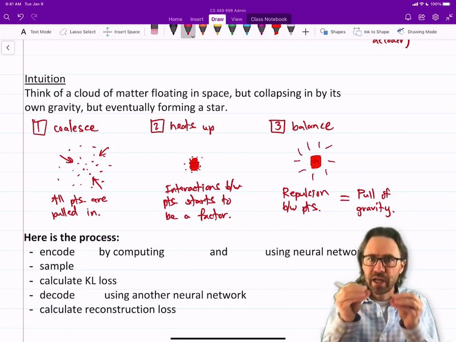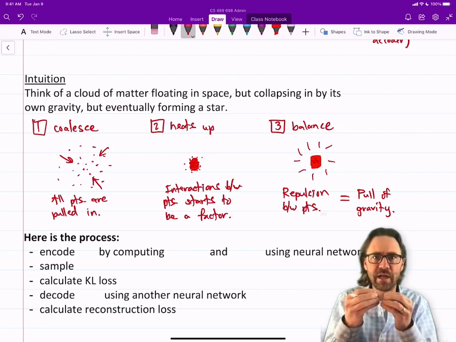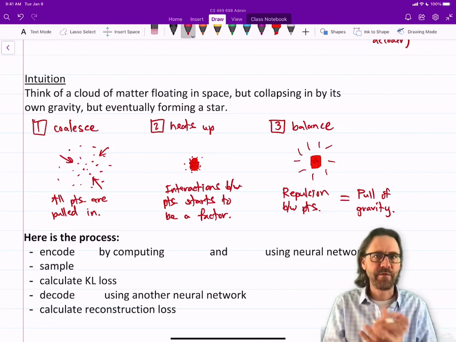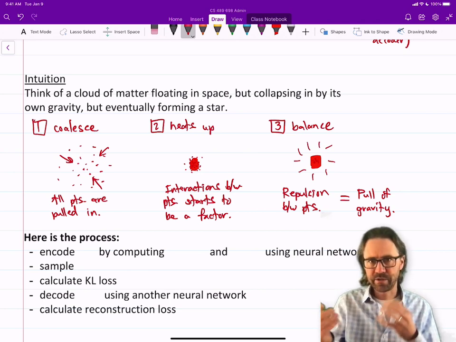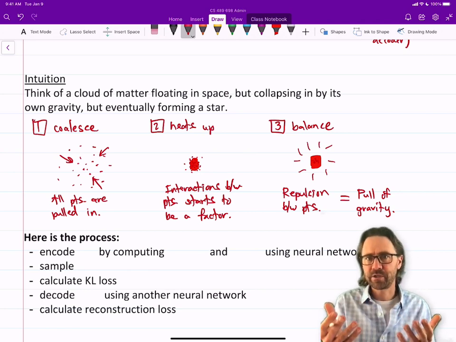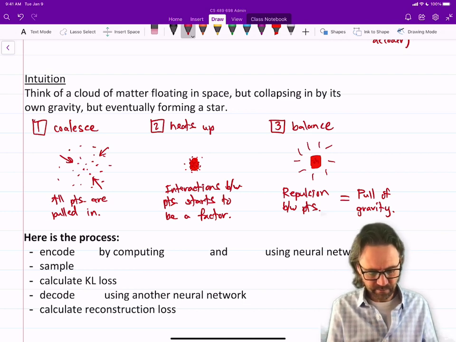So we do need to keep some structure in there. That's like the tension between the points. They can't all collapse on top of each other into a standard normal. They still have to keep some structure. So there's this balancing act between the reconstruction loss and the KL divergence loss.